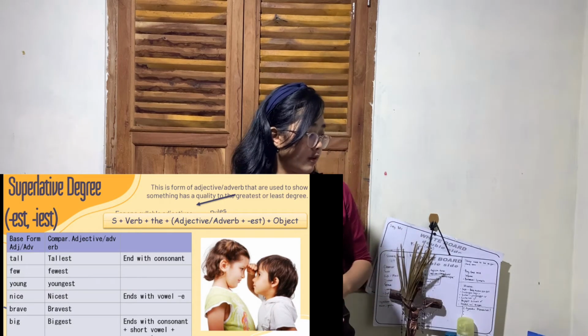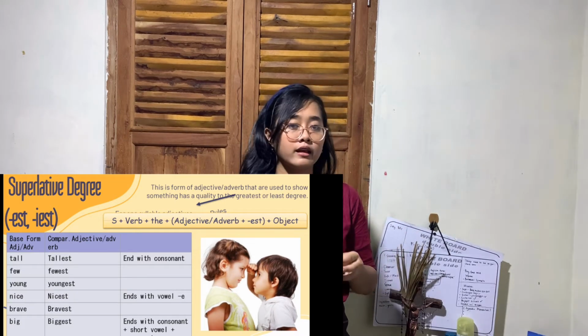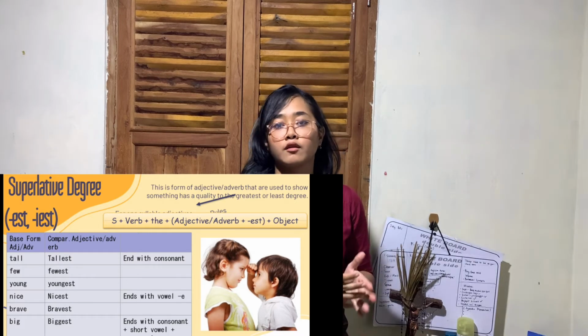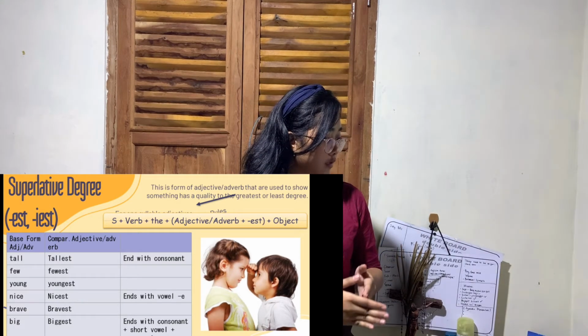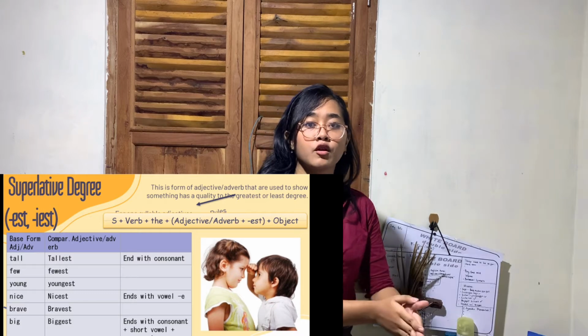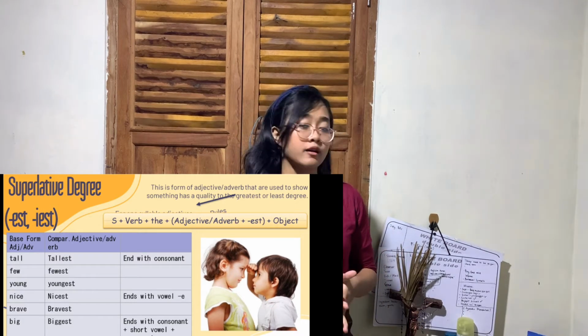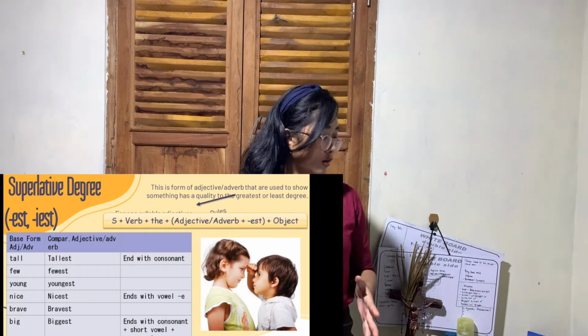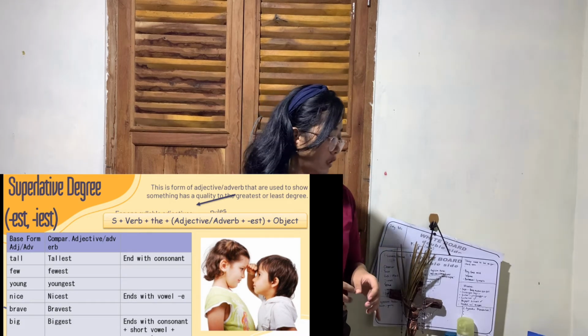Same as the comparative: for an adjective that ends with a consonant, you put est, so tall becomes tallest, few becomes fewest, young becomes youngest.